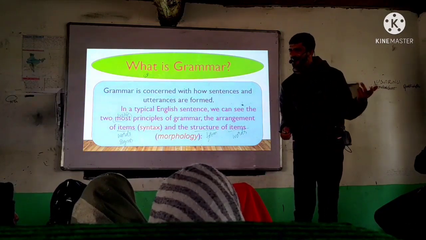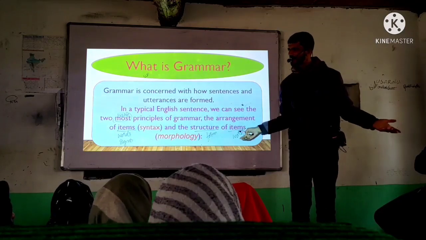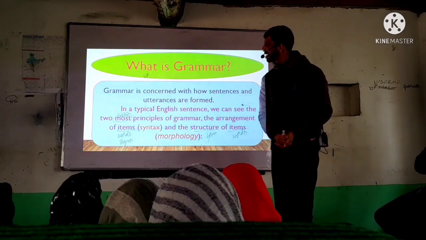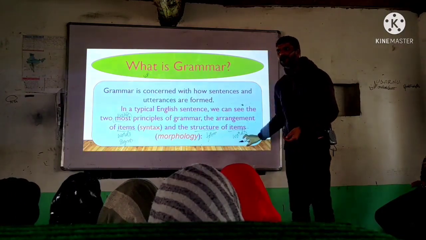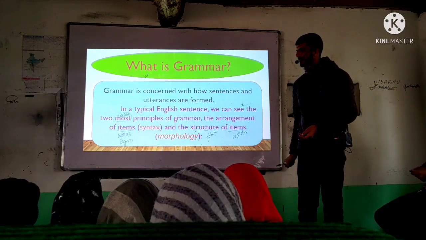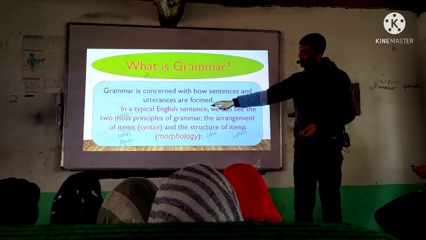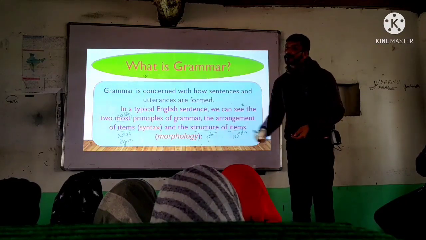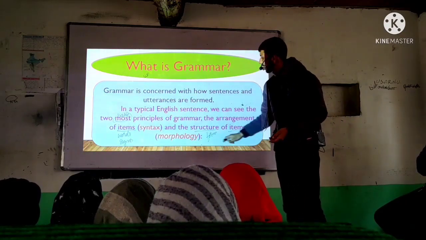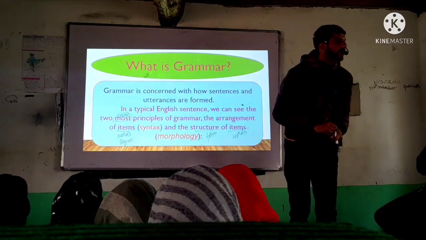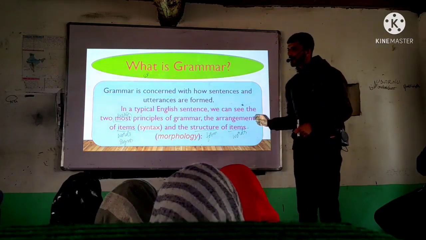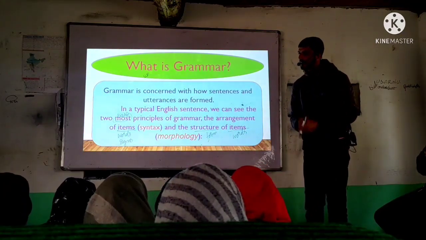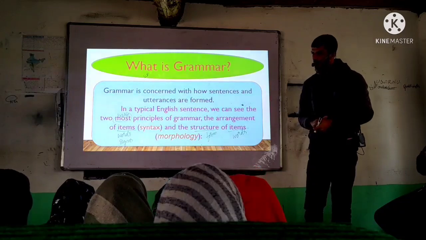After a month, I realized this is no different from English. Actually, what we are learning in these two books is syntax and morphology. The Arabic students, the Urdu teachers call this syntax Nahw and this morphology Saraf. In Saraf, we learn the form of words, and in syntax, we learn the arrangement of words.